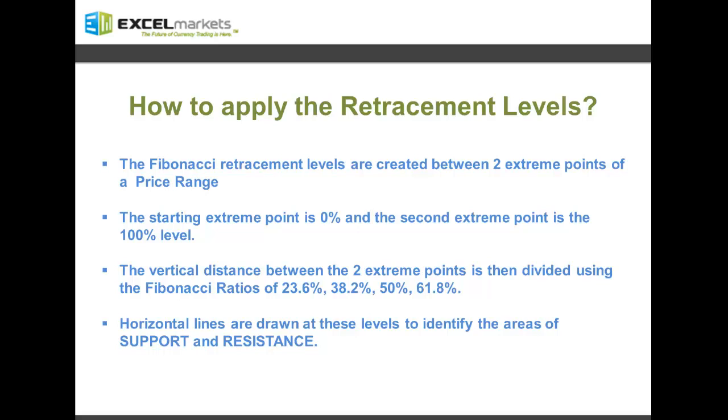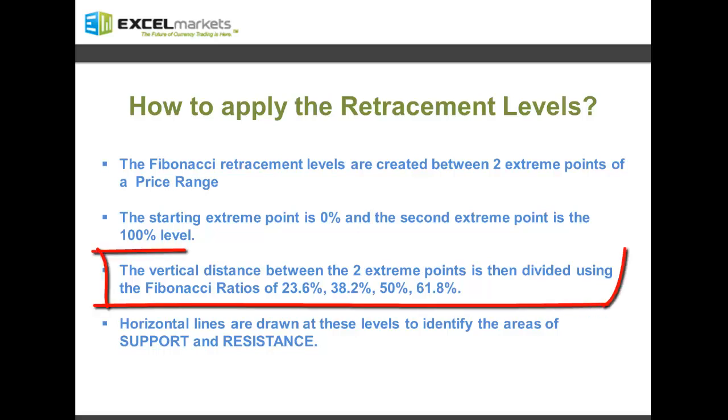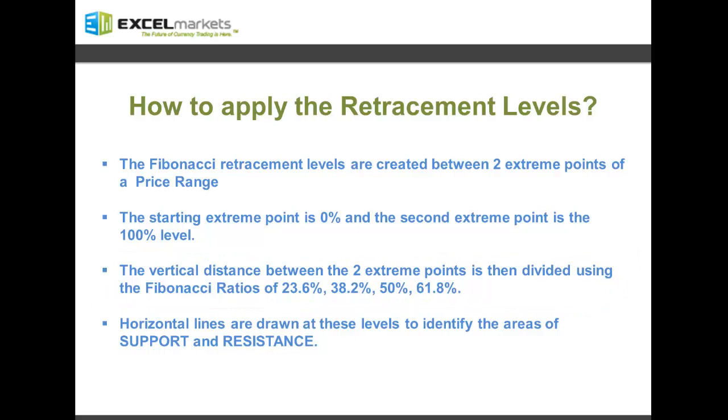The vertical distance between these two extreme points is then divided using the Fibonacci ratios of 23.6, 38.2, 50, and 61.8%. Horizontal lines are drawn at these levels to identify the areas of support and resistance.